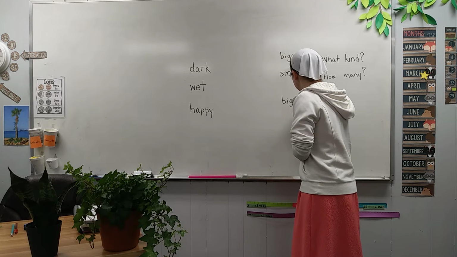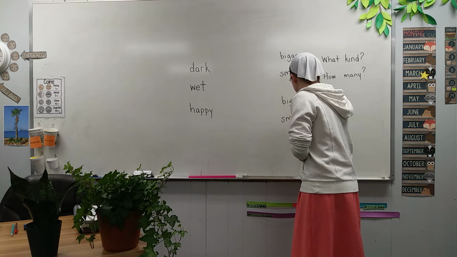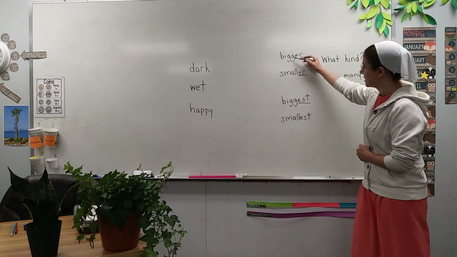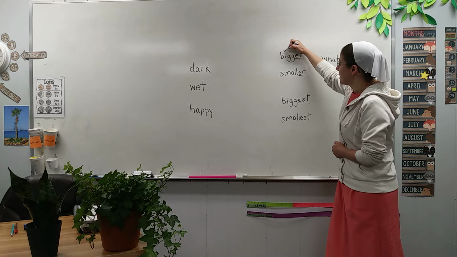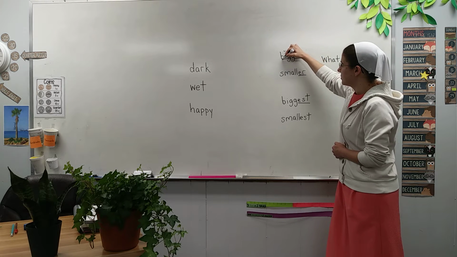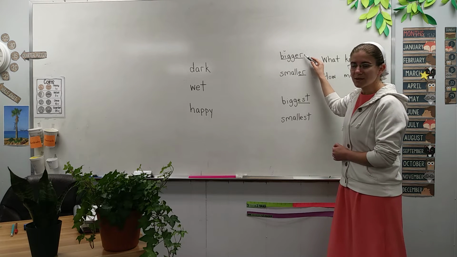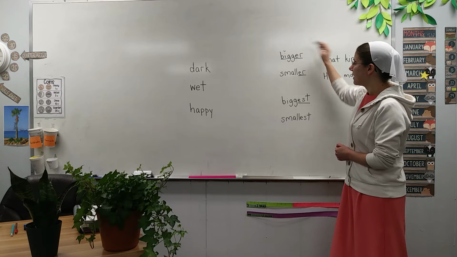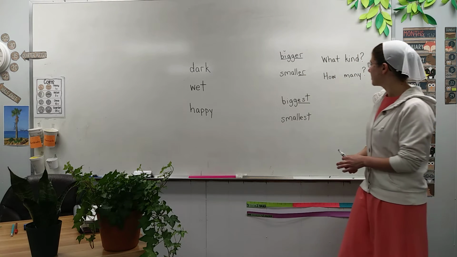Biggest and smallest. Now, did you notice that in big, remember we doubled the consonant because big is a short vowel word that ends with one consonant. Big is my root word. So I doubled the G before I added my suffix that begins with a vowel. And the same when I added EST to biggest.